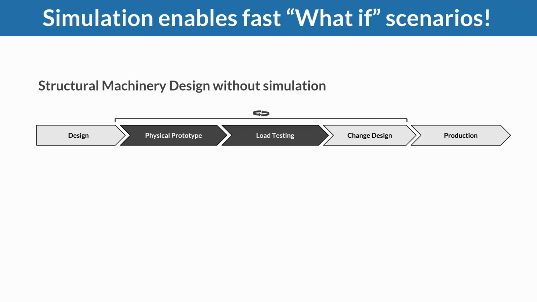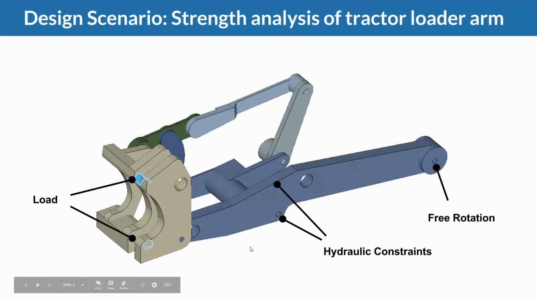And this cycle usually is very lengthy. It's very costly. Each prototype, depending on what you're building, is extremely expensive. Certainly those parts that we're speaking of here are very expensive to build a prototype from.